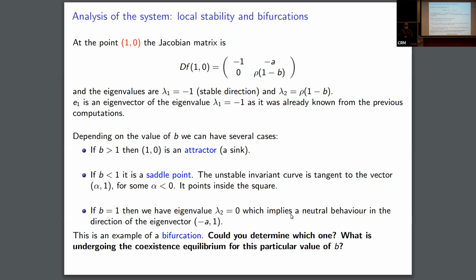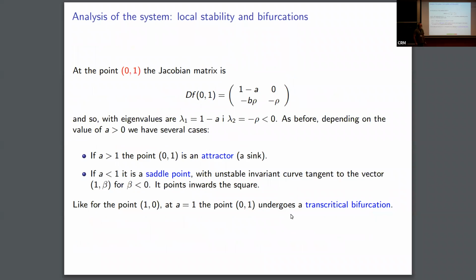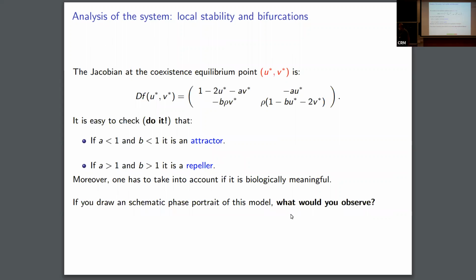Usually these things are really correlated. So this changes stability here, you have a bifurcation, but then observe what's happening with the rest of the points. And you could do the same for the other point. And of course, you also have the coexistence point, which is the more interesting point, which is what's happening at this point here in the middle.